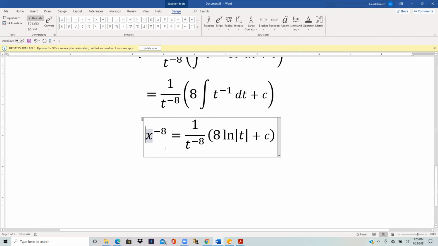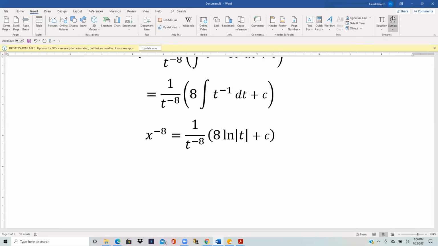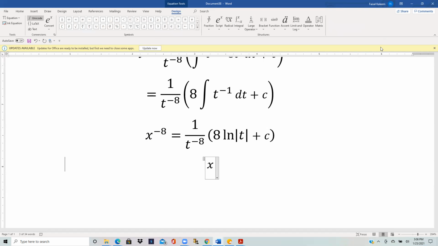And then normally we solve for y. In this case, x is the y. So we will solve for x. So you raise both sides to power negative 1/8. When I raise both sides to the power negative 1/8, negative 8 and negative 1/8 cancel. It's just 1 over t to the 1.